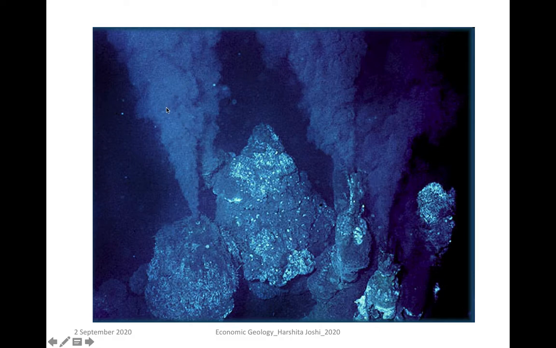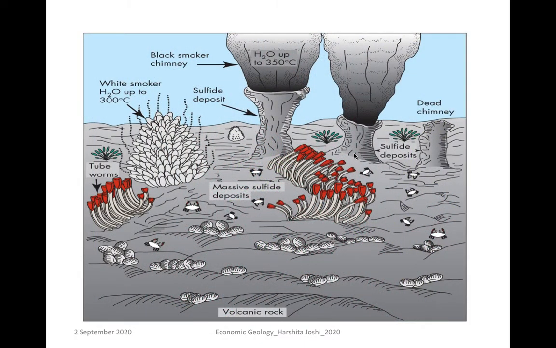This photograph is of a black smoker. This is not a simple smoke, it has various minerals within it which slowly get deposited and form structures like this. These are rich in sulfide ores. So the condition will be something like this, where various organisms thrive.